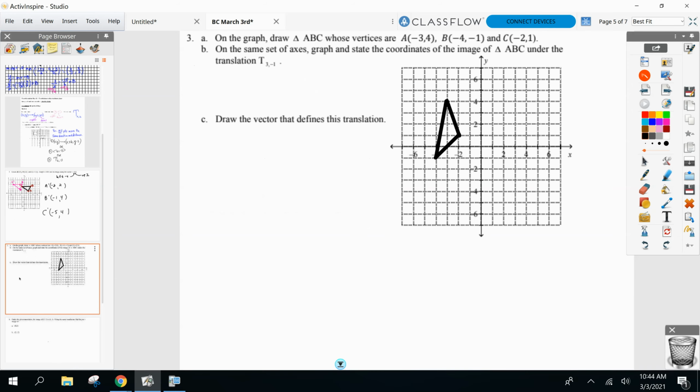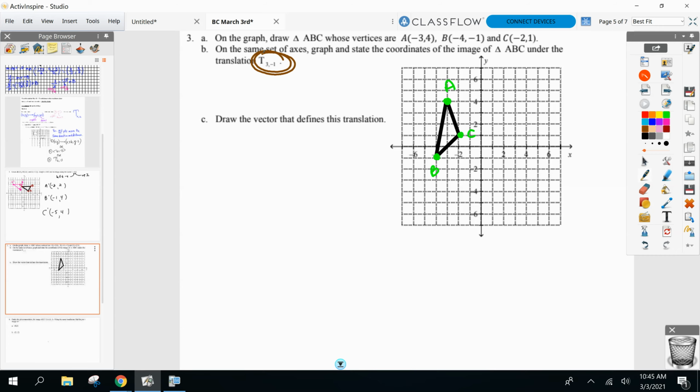So another triangle, but now new notation here. And then part B, go ahead, using this translation notation.